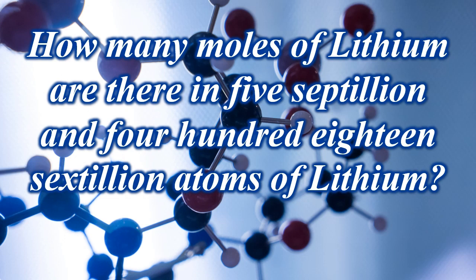So the word problem reads, how many moles of lithium are there in 5 septillion and 418 sextillion atoms of lithium? Upon reading the problem, we must identify what is asked or what is required. In this problem, it seeks for the number of moles, given the number of particles.